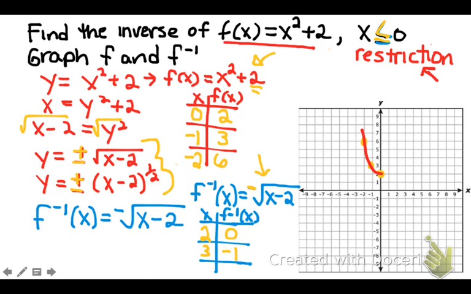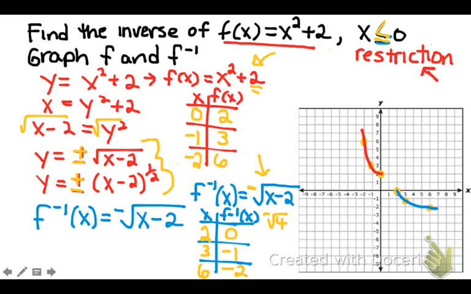And if I put in a 4, that's not good. 5, that's not good. So let's try 6. If we put in 6, we get 6 minus 2 is 4, and then the square root of 4 is going to be 2, but then it's a negative 2. So 6, negative 2. And now we can graph these 3.